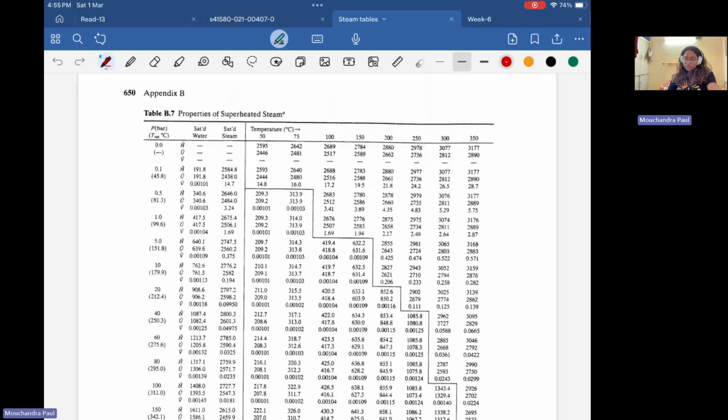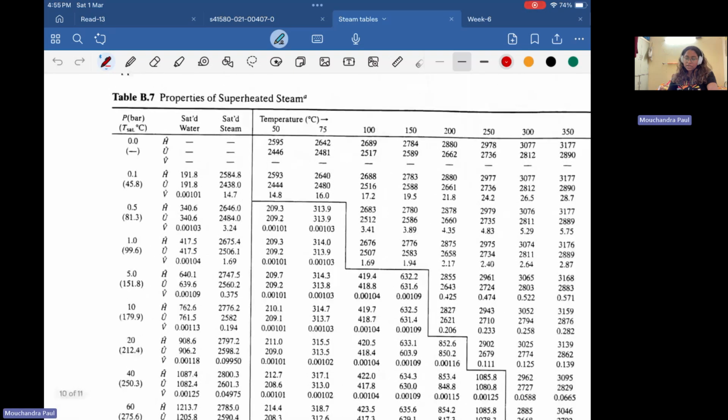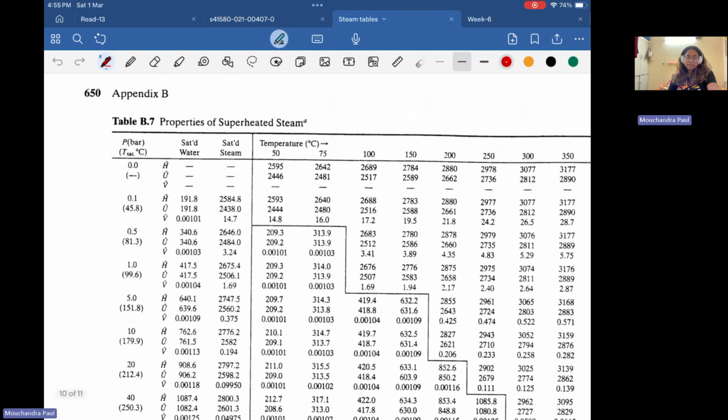Suppose you are asked to find the specific enthalpy, volume, and internal energy for water at 100 degrees Celsius and pressure 5 bar.